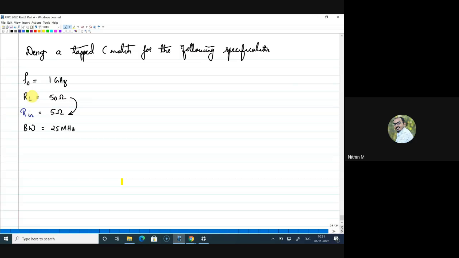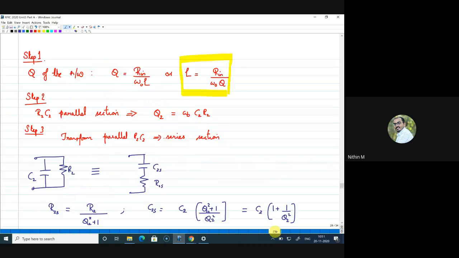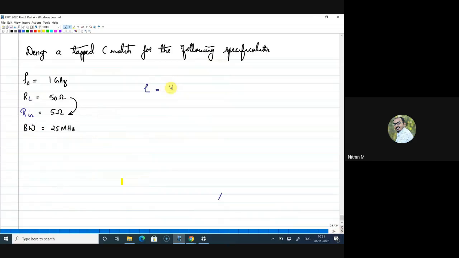With that, Mayuka, you are also getting 19.89 pico. Yes, sir. Oh, I think people are getting different answers. 0.01989 nano. Okay, let me write that here. L can be obtained from our first equation. L is Rin by omega naught into Q. What is Rin?